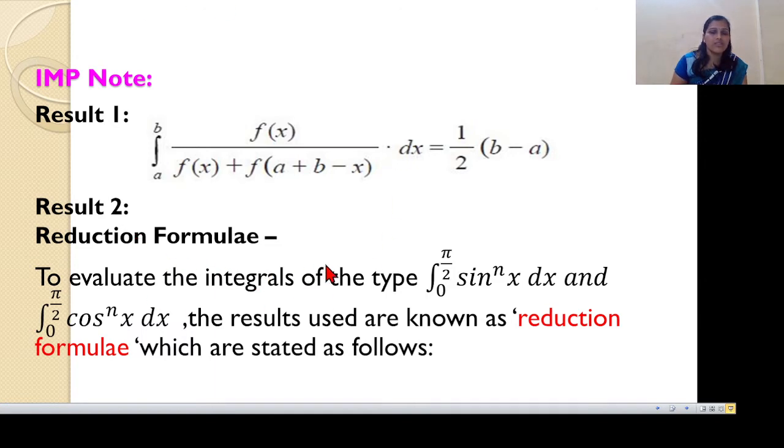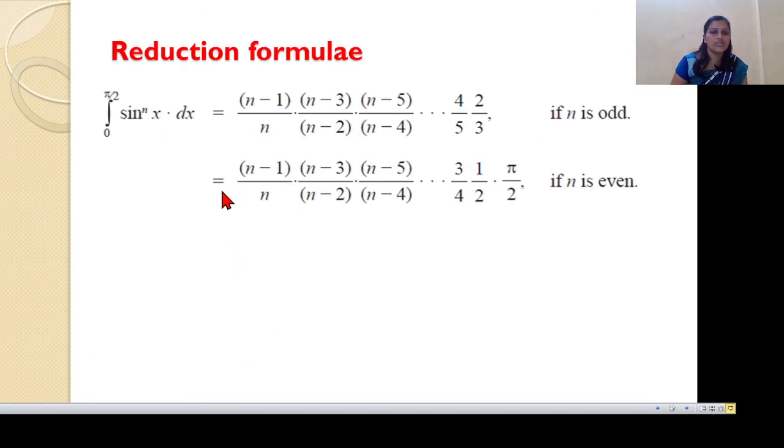To evaluate integrals of the types integral 0 to pi by 2 sine raised to n x dx and integral 0 to pi by 2 cos raised to n x dx, such results are used, and these results are known as reduction formulae. So, what are these results?